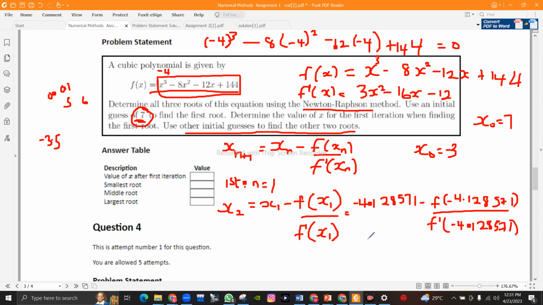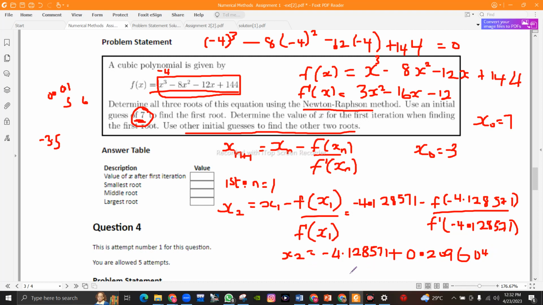So if we do this, x2 will now be equal to minus 4.128571 plus, when you calculate this, 0.209604.